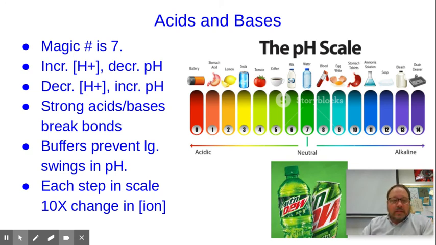Other things to mention: every step in the pH scale is a factor of 10. So if you go from pH of 7 to pH of 5, it's 2 steps. So every step is a factor of 10. So at a pH of 5, there is 10 times 10, 100 times the number of hydrogen ions. If you move from 7 to 4, it's 10 times 10 times 10. So that's 10 times 10 is 100, times 10 is 1,000.